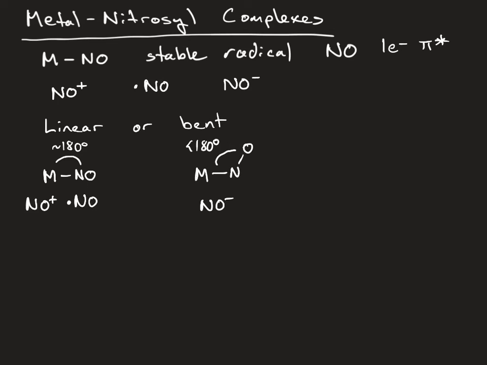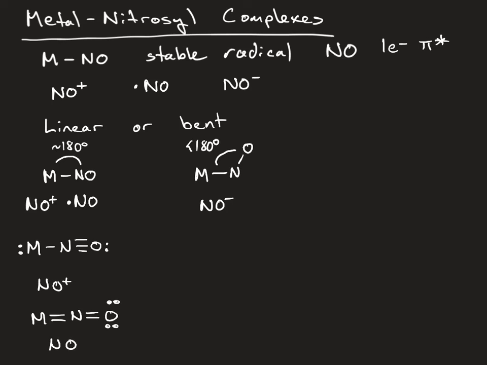And we can rationalize this by looking at simple Lewis structures. So here, in the case of a linear molecule, NO as NO+ would have a Lewis dot structure that looks like this, while in the case of neutral NO, it would look something like this.